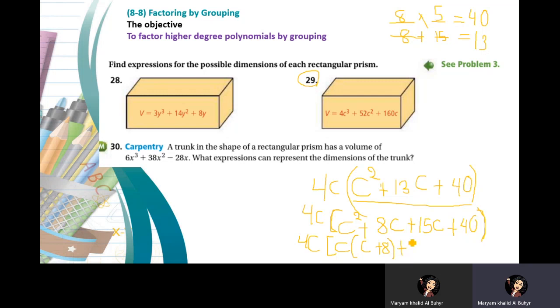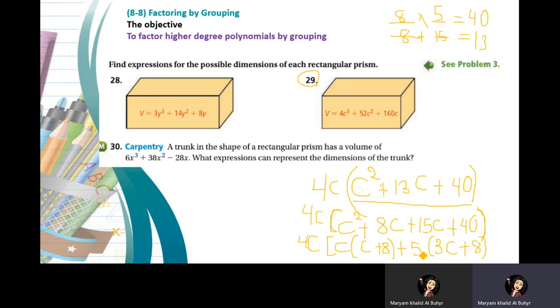You can take here the common factor between them, 5. So the remaining is 3C plus, if I took 5, the remaining will be 8.